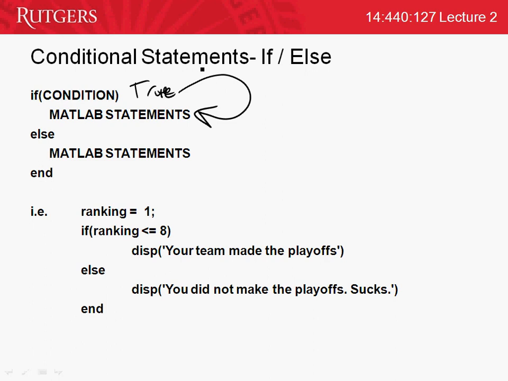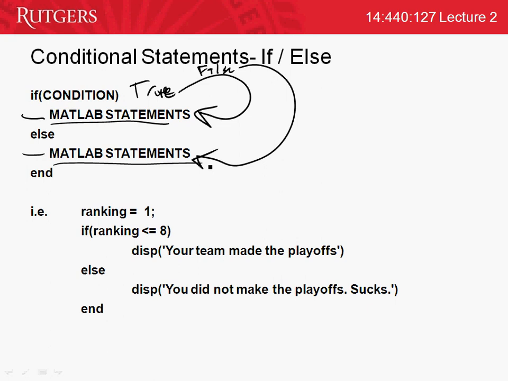However, if the condition is false, we'll do these statements. So if the condition is true, we'll do this. Else, we'll do this. So notice, basically, we have two sets of statements, 1 and 2. And if it's true, we'll do the first set, but not the second. If the condition's false, we'll do the second set, but not the first. We never do both. Right?